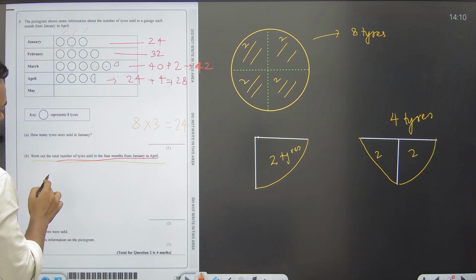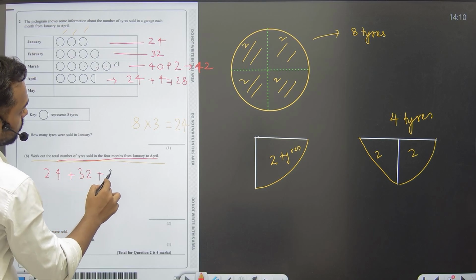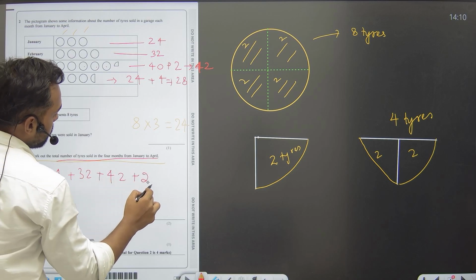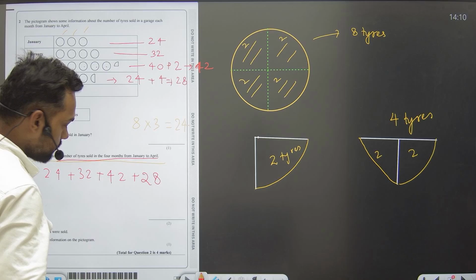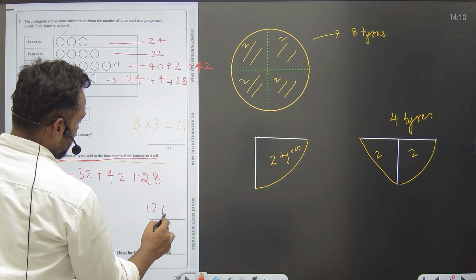So we have calculated it. So it is 24 plus 32 plus 42 plus 28, that is equal to 126 tires.